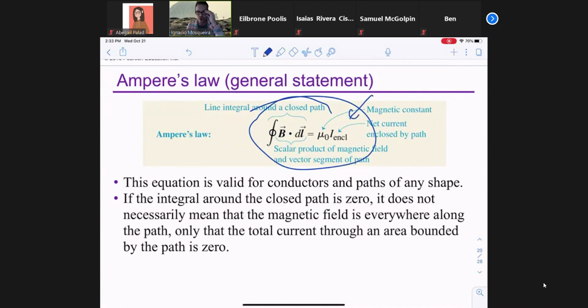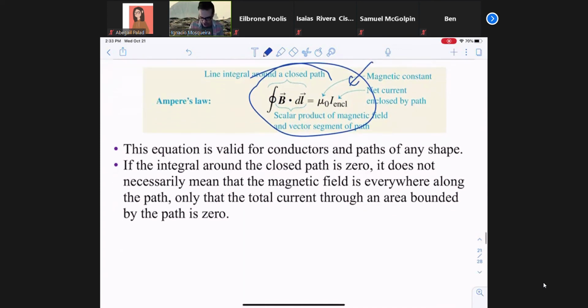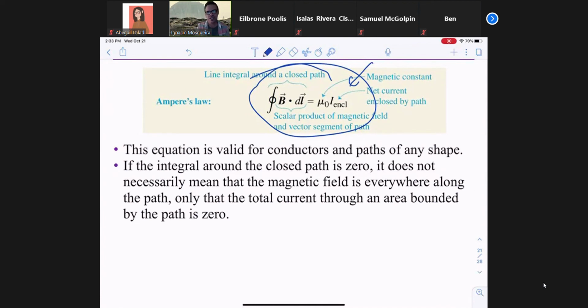Let me remind you of Gauss's law again, so that we can compare and show that it's not the same. You're not doing exactly the same thing, but it looks very similar. You also have to worry about what the little circle thing means. Let me write Gauss's law. Gauss's law was for electric fields, and we integrate over a surface.